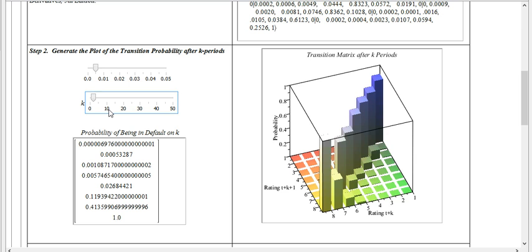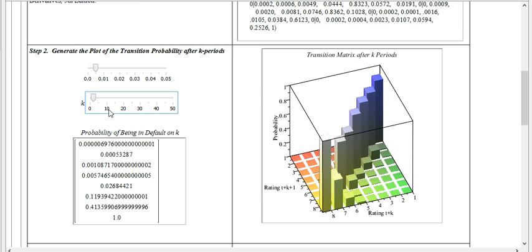As we know from Markov's theorem, the probability of going from one state to another state in k periods is described by the Markovian matrix elevated to the kth power.